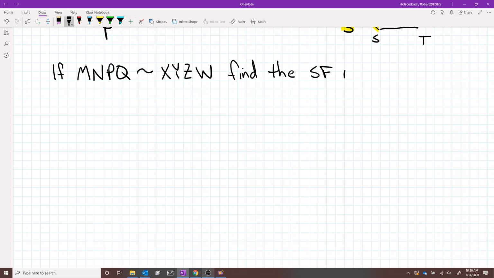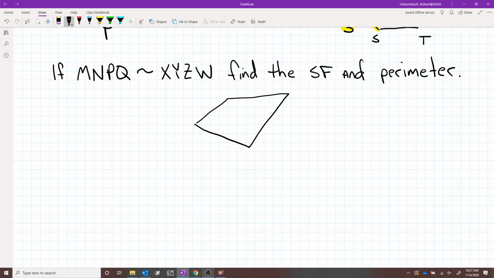Scale factor and perimeter. So here's one of your shapes. This is your ZWXY. And side WX is 4.